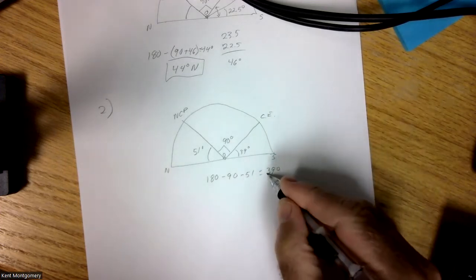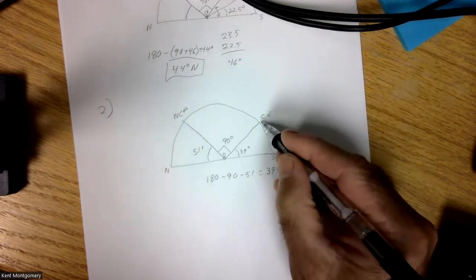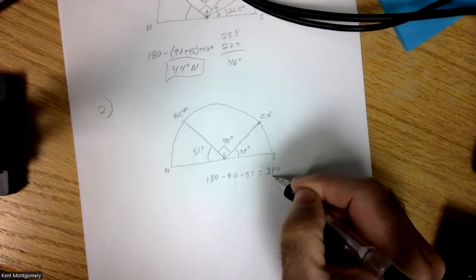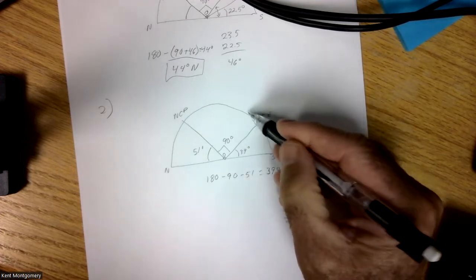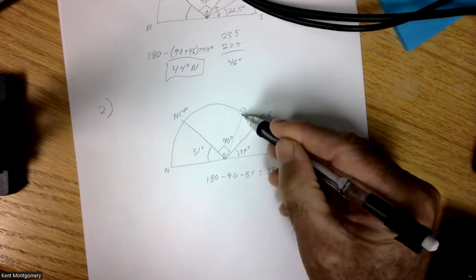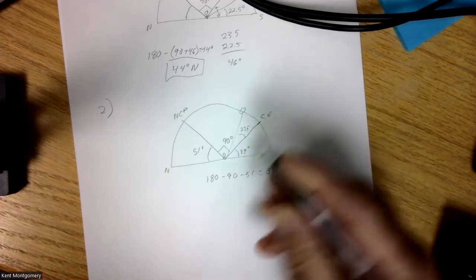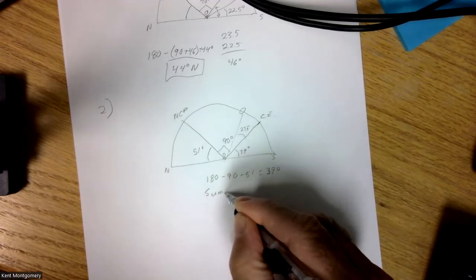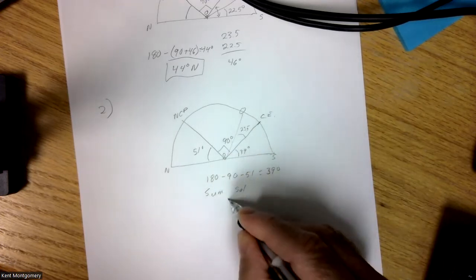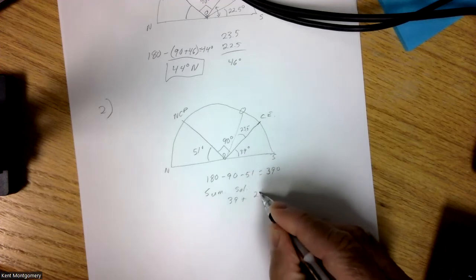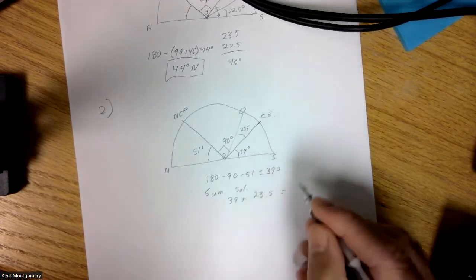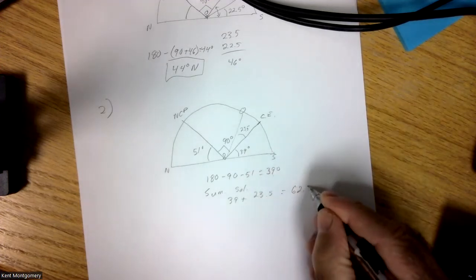Okay, remember the sun is always measured from the celestial equator. So when I know where this is, I can just figure out where the sun is. So the sun on the summer solstice is going to be 23.5 degrees above it, so we just add 39 plus 23.5, and you get an answer of 62.5 degrees.